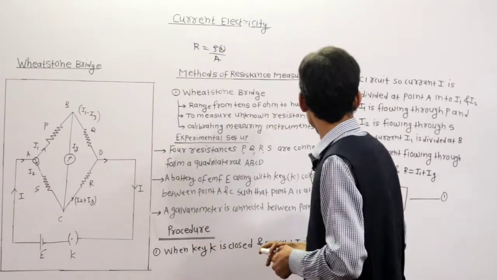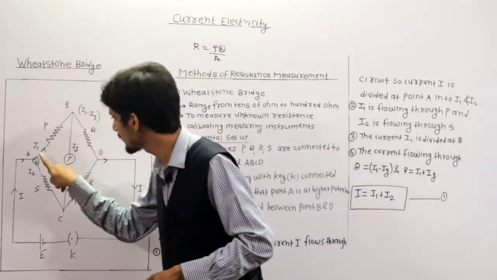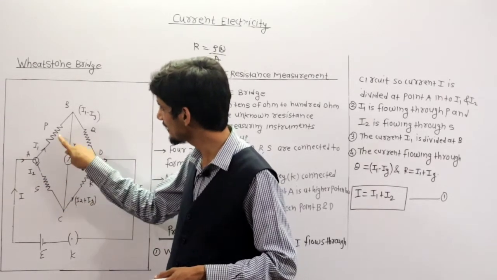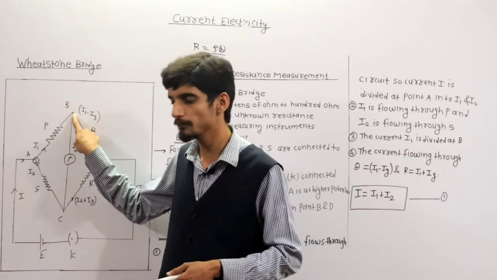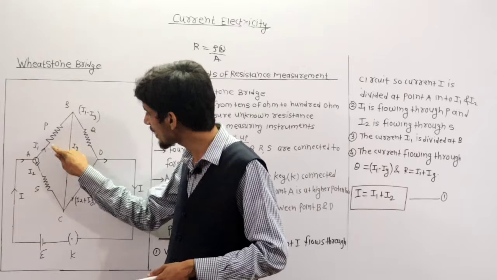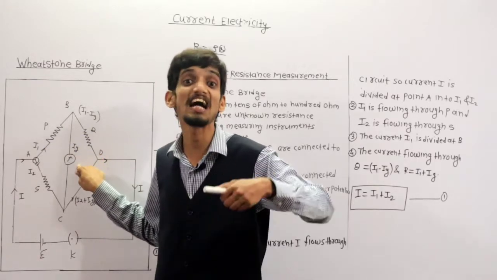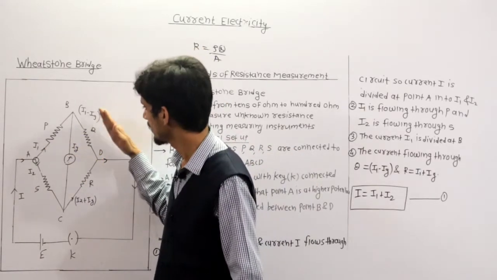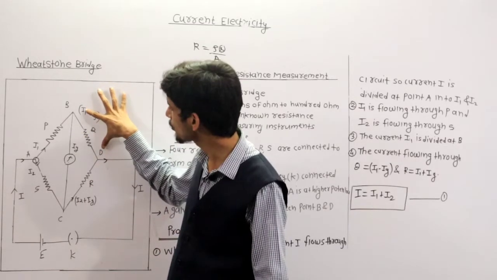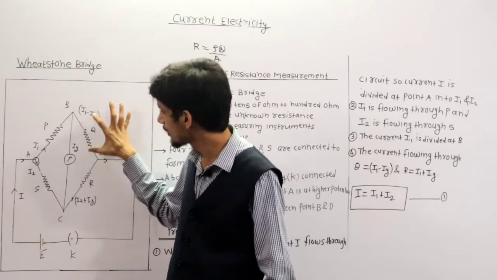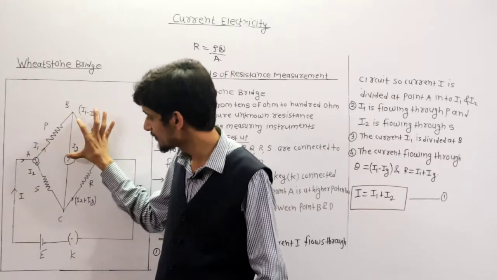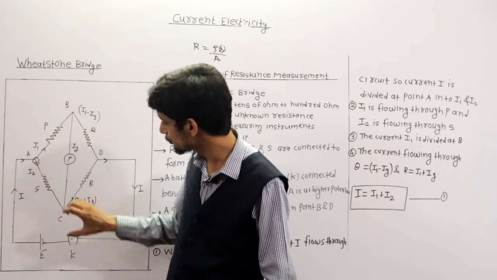Now, as I already discussed, I1 is the current flowing through AB, I2 is the current flowing through AC. As the current enters at point B, which is again a node, I1 is now divided into two parts. How? Some part of I1 goes into the galvanometer, which is IG, and the remaining part, I1 minus IG, flows through branch BD. So current flowing through branch BD is I1 minus IG, through branch BC is IG, through branch AB is I1, and through branch AC is I2.